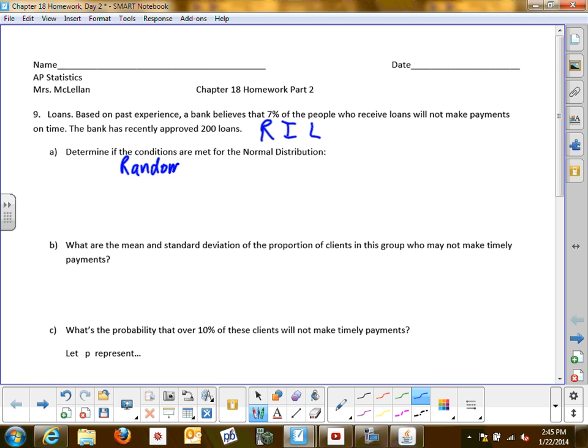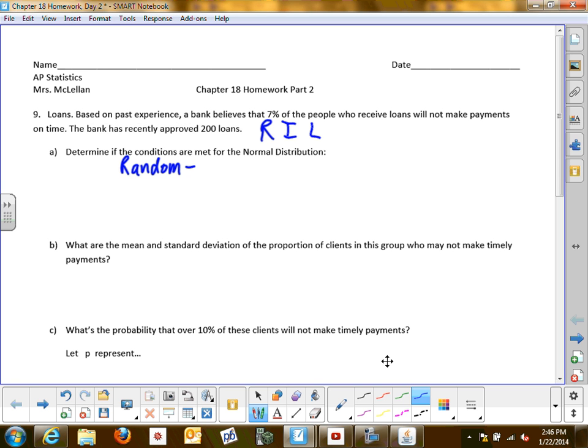It doesn't say that these loans were taken randomly. So, do you think it's reasonable to assume that those loans are representative of all the loans that the bank makes? You think it's really not? Okay, well then that could be something that we call into question. But for the benefit of continuing with this course, otherwise we'll just say no on all of it and stop.